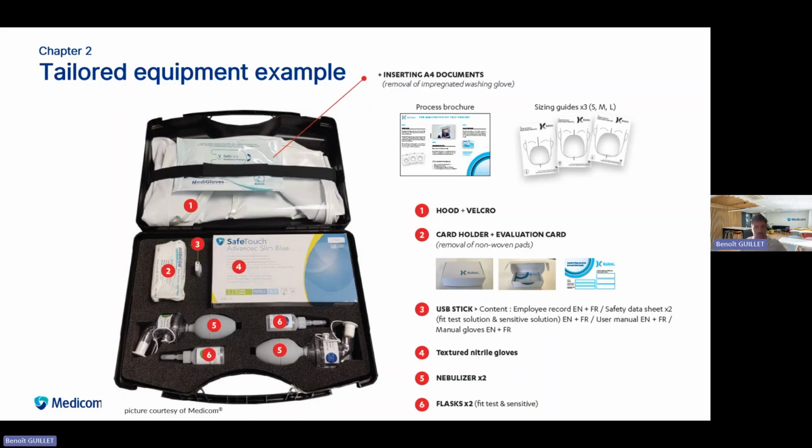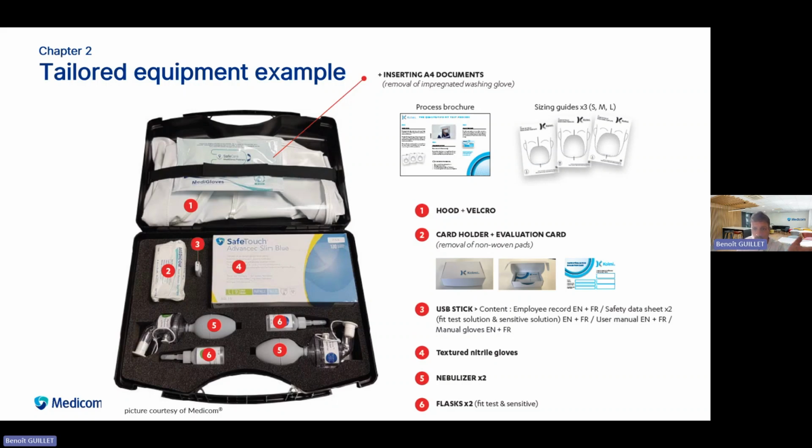Equipment and the procedure. Here you can see an equipment example. I don't want to deep dive into all the details of this equipment because you can add, for instance, sizing guides to better see what the face shape is.